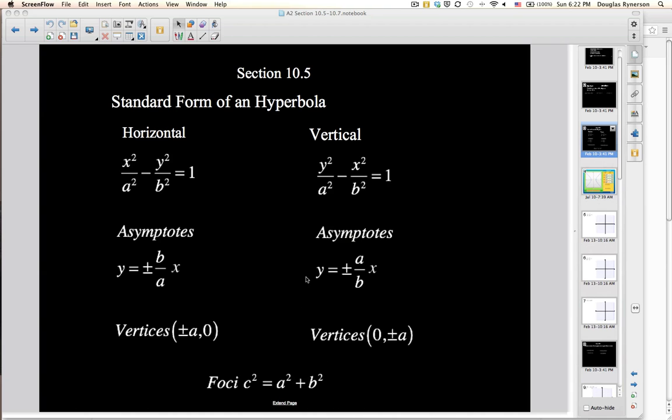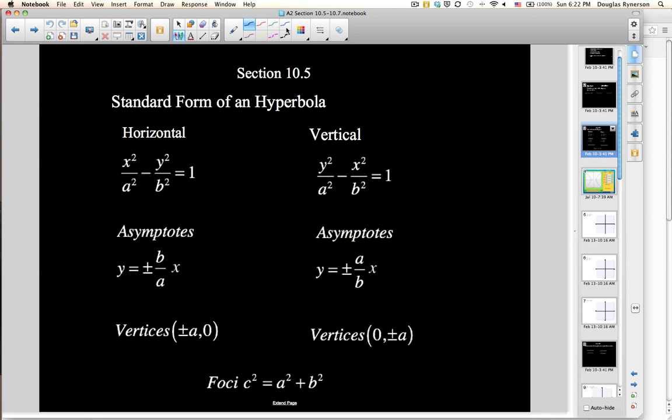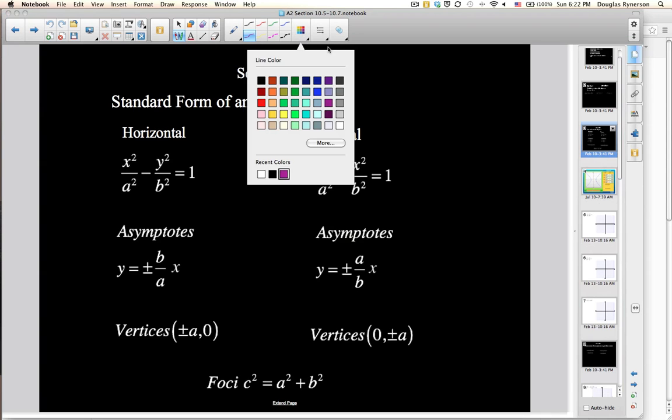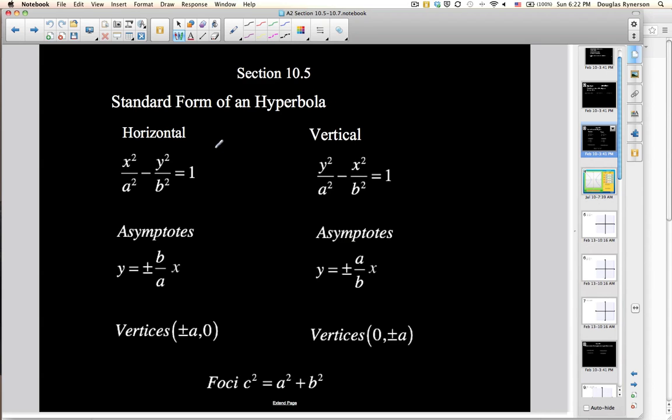If we're going to be working with items not centered at 0, 0, then we would have h and k in, and h and k will go where they usually go. They would go with x, h would go with x, and k would go with y.